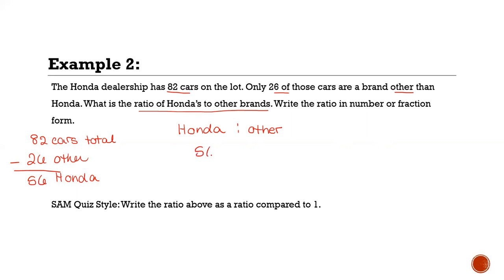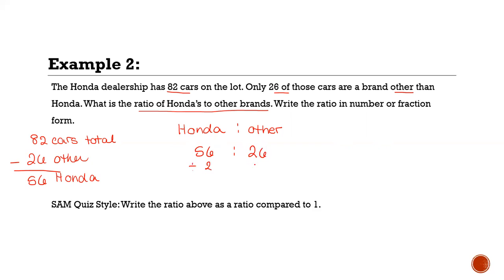So 56 Hondas to, and we don't have to label what it is because the word problem has told us what they are. So if the word problem says it's Honda to other, if you say 56 to 26, that's automatically telling us the ratio. And then we need to reduce it.